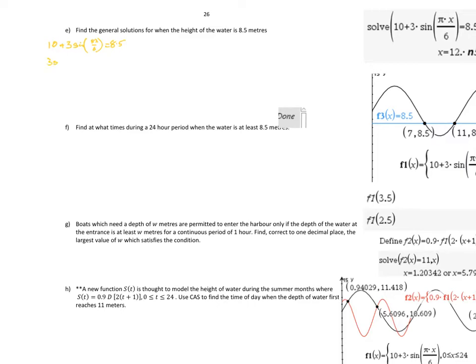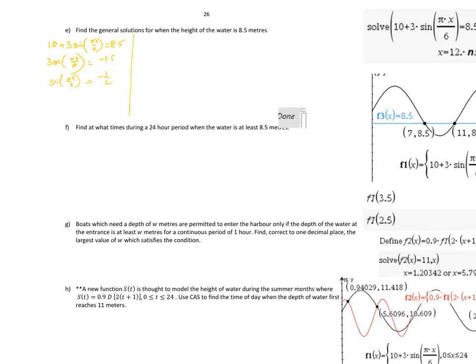So 3 sine, what's that? Negative 1.5 divided by 3. So we got sine pi x on 6 equal to negative 1/2 if we bring the 3 across. So my general solution, I have two forms for sine.